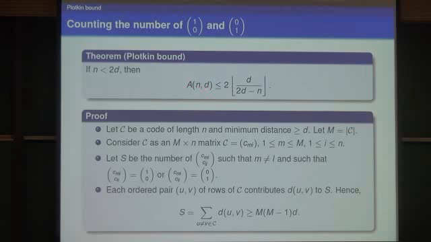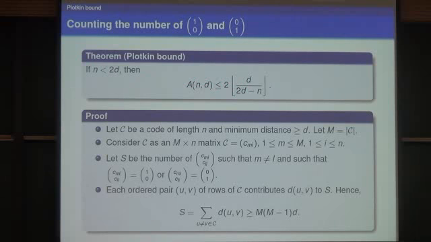In this talk, sometimes I talk about upper bounds for codes and sometimes constant weight codes together. So this is for codes. The Plotkin bound states that A(n,d) is smaller than 2 times d over 2d minus n.